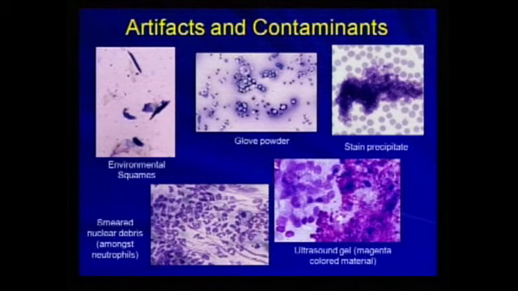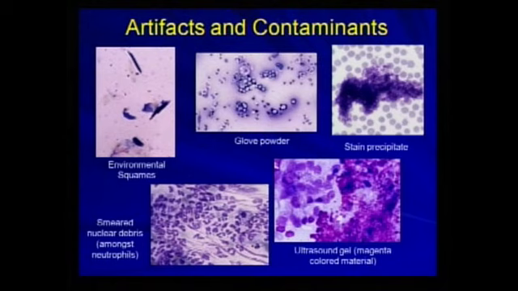And these are simply keratinocytes, which probably come from the hands of the person who is preparing the slide. Because when you handle the slides, a little bit of keratin will come off of your fingers. And this is what it generally looks like. This is not to be interpreted as anything.